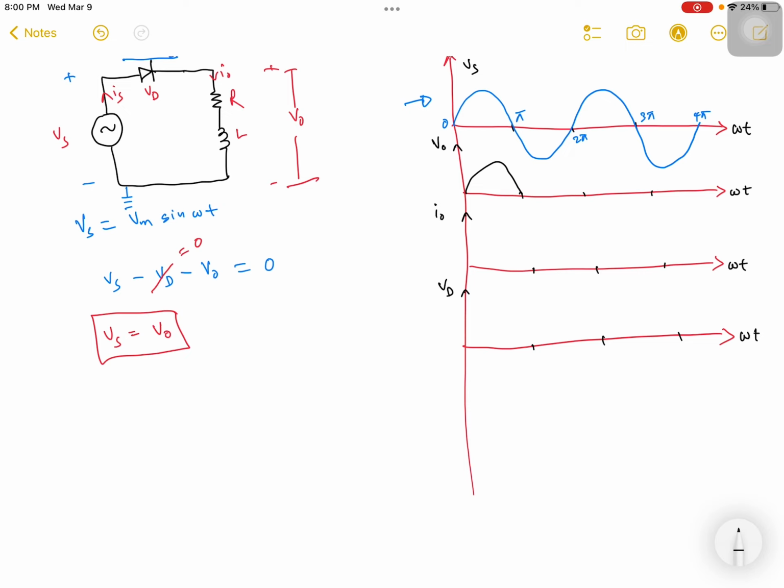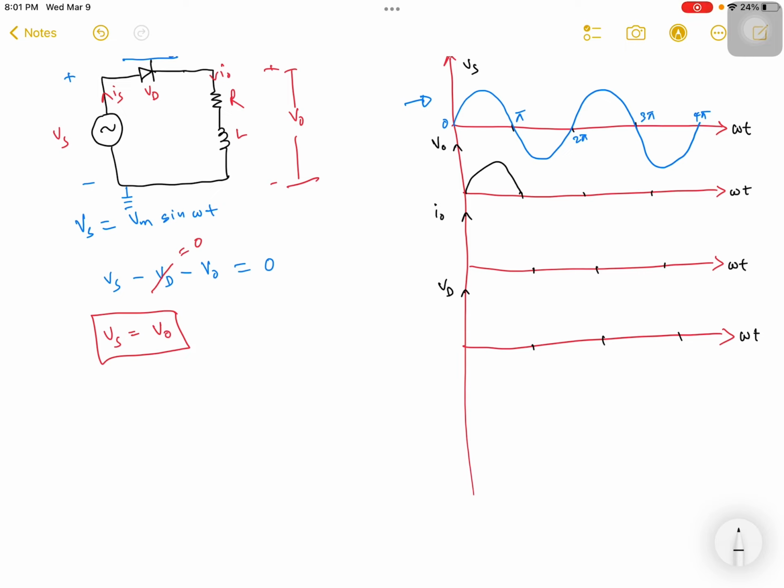Now since we have the inductor as the load, in the first positive half cycle, when the current is passing through it, it will try to store the energy. But again that current is not going to have a big magnitude in the beginning, so the current is going to rise slowly.